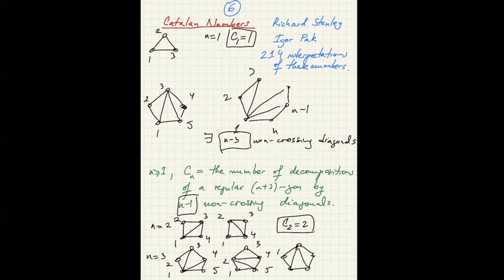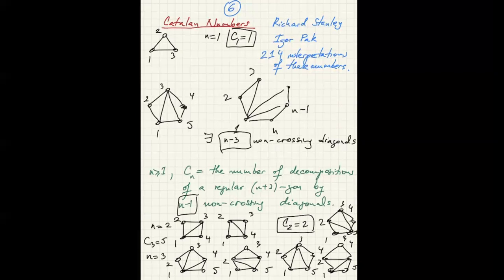You can do one here, and then one more here. Both diagonals contain 4. And I'll draw the last one over here. Both diagonals contain 5. And this will give us that C3 is 5.